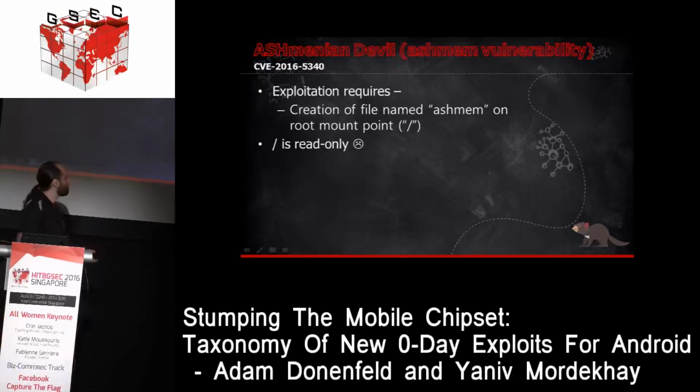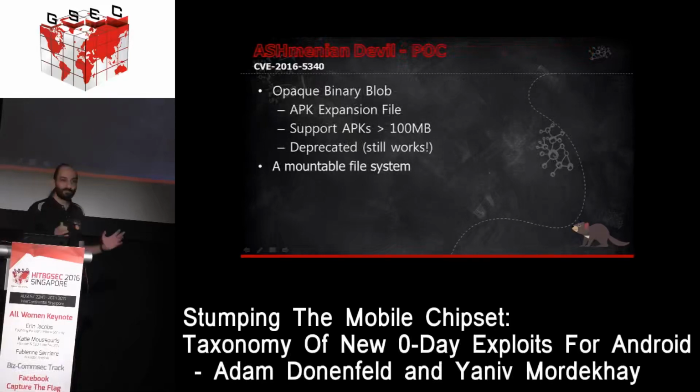But we cannot do that because the root mounting point is read-only. Moreover, other root mounting points are read-only too on Android. And if anyone thinks about SD cards, it's a symbolic link, so it won't help. We're not screwed. There is a solution.